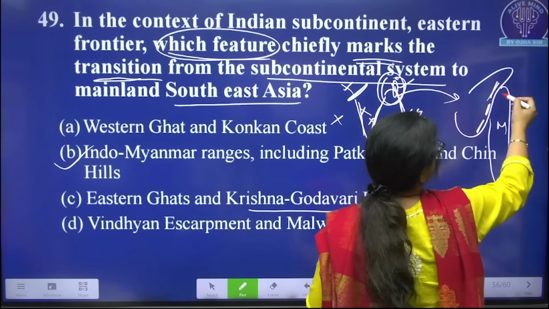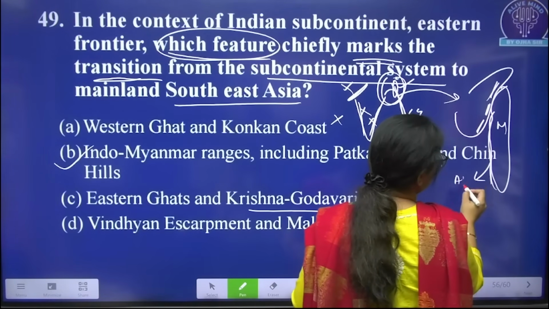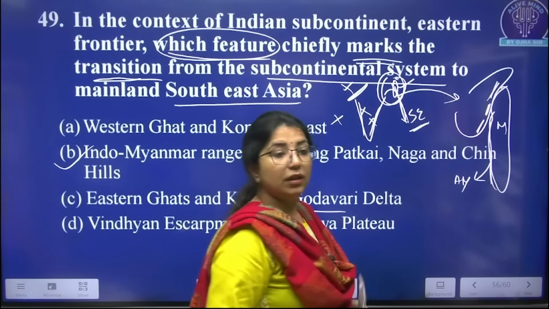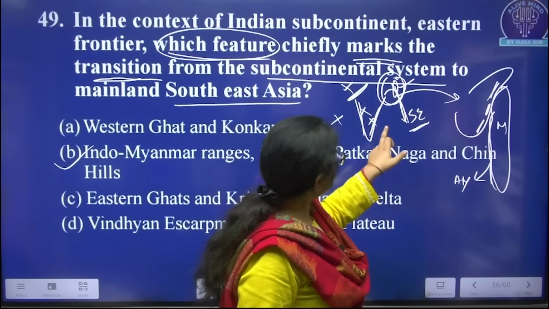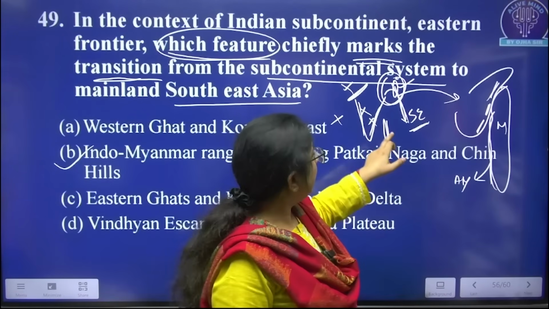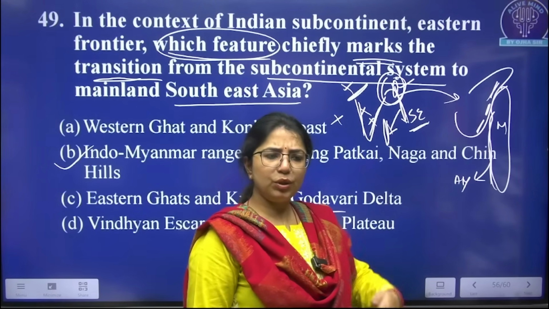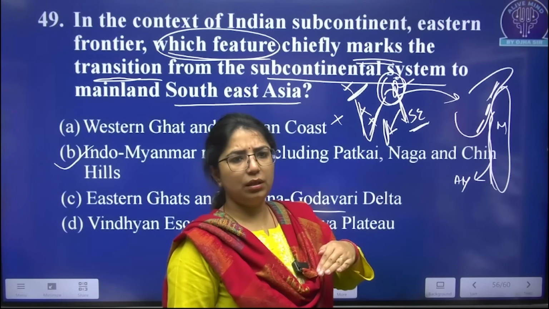Patkai-Bum. Then this is the Arakan Yoma mountain ranges. We say in Indian subcontinent, here we have Andaman and Nicobar. We also say that these are extension of Arakan Yoma mountain ranges there, because it's a submerged volcanic formation.